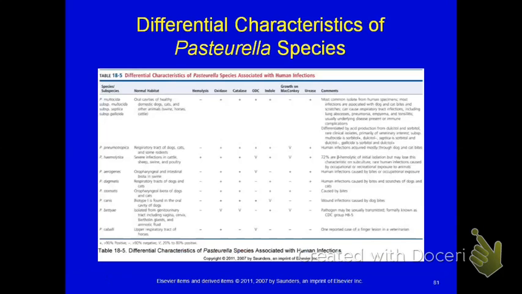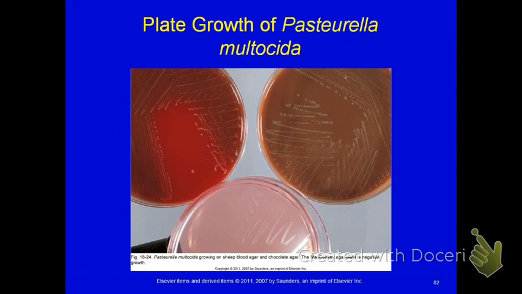Summarized herein in Table 18-5 would be the differential characteristics of Pasteurella species associated with human infections. You may read it in your book. And these would be the colonies of Pasteurella multocida, as shown in blood agar plate, MacConkey agar, and chocolate agar plate.